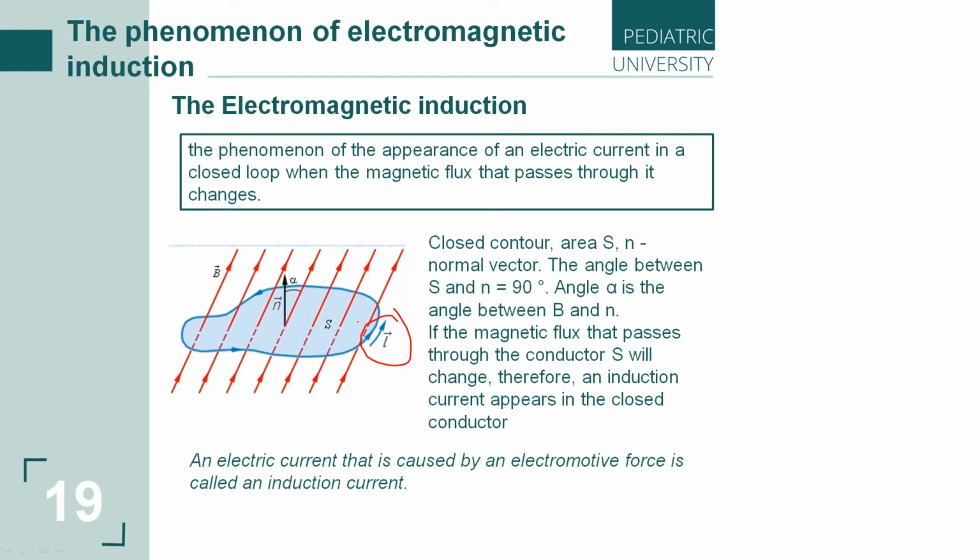Electromagnetic induction is the phenomenon of the occurrence of an electric current in a closed loop when the magnetic flux that passes through it changes. There must be a changing magnetic field. An electric current that is caused by electromotive force is called an induction current.